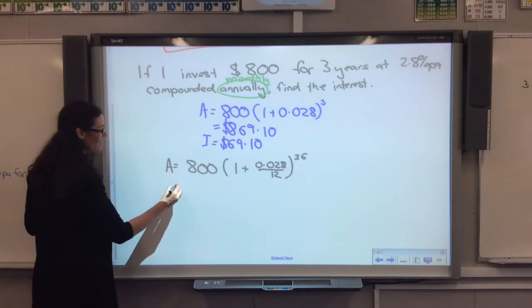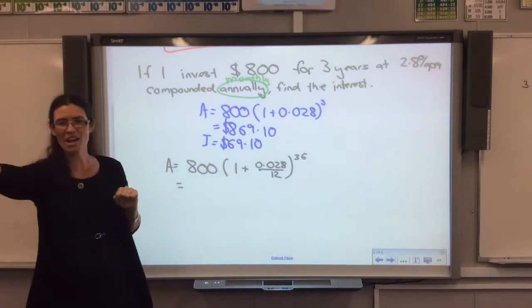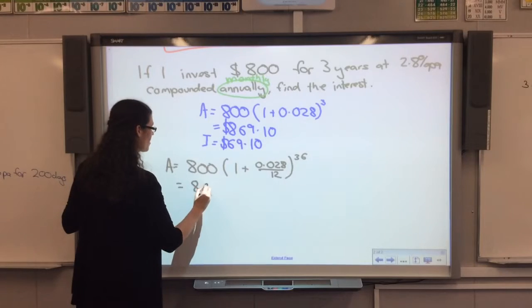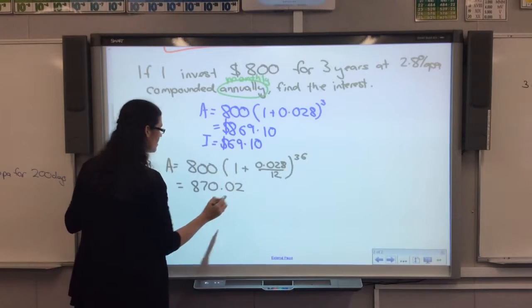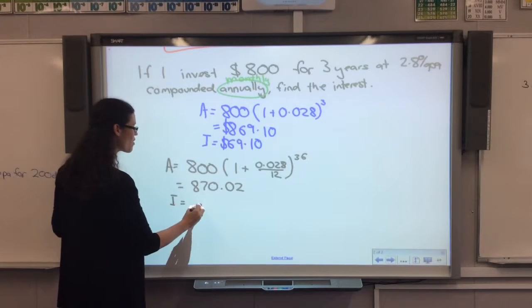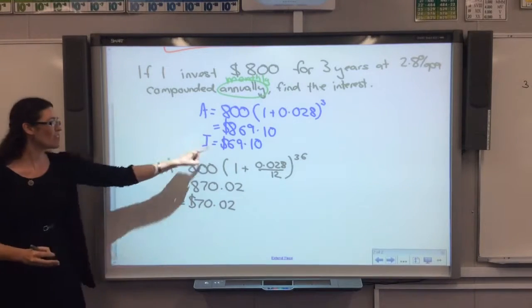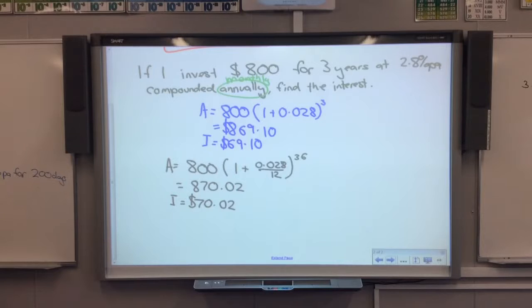I grab a calculator, someone else grabs a calculator because I don't have one, and I type it in, what do we get? 870.02? 870.02. So you gain about $1. So this time my interest was $70.02. Okay, so it is slightly more interest. I mean, obviously we're not talking about huge amounts of money here. It's only $800.